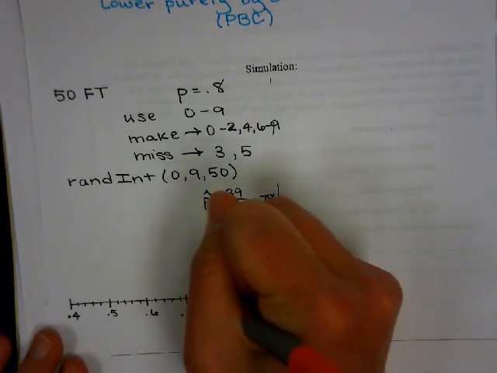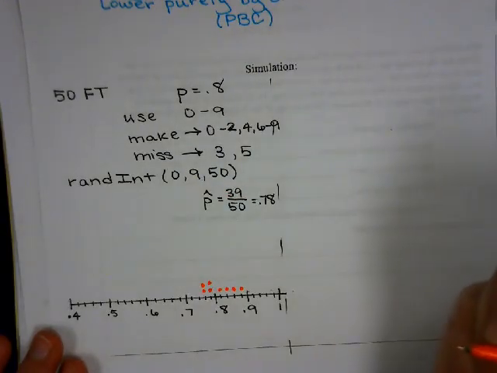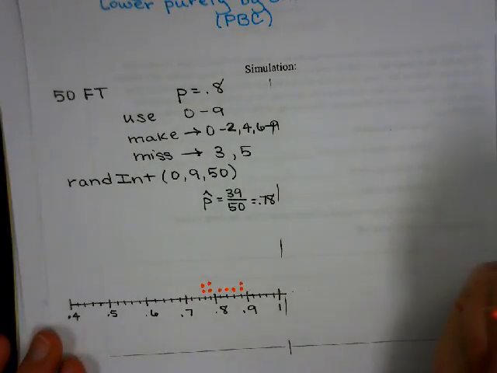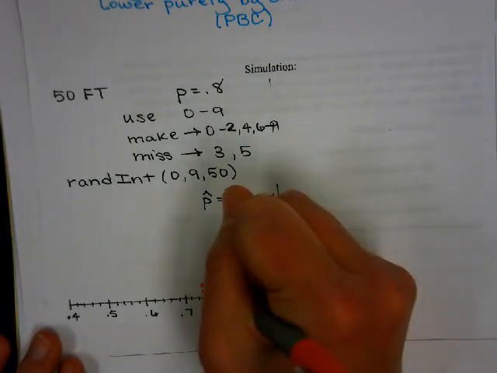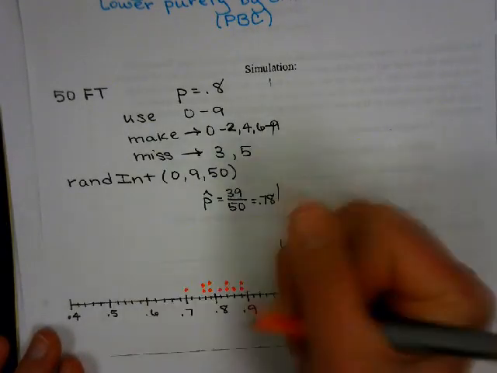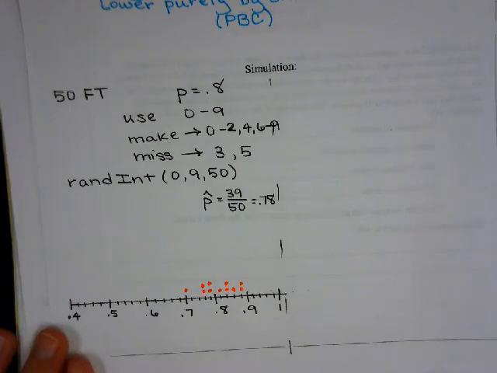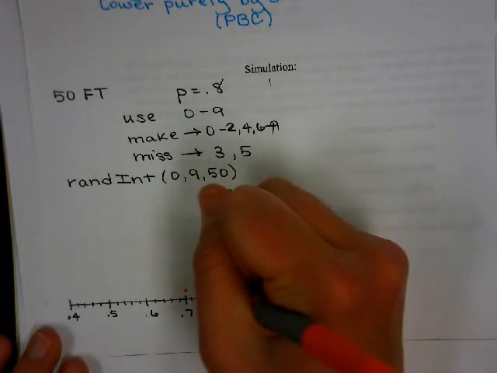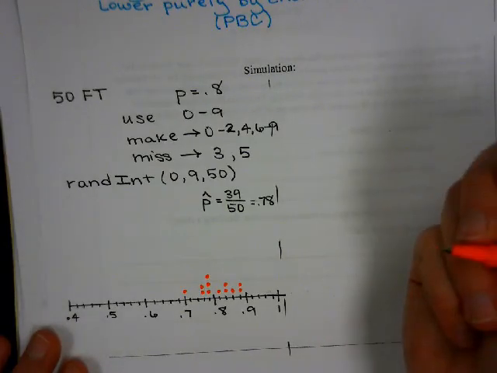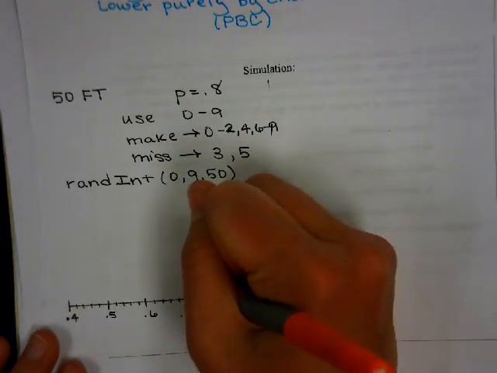Hayden? 0.7. Nate? 0.78. Calvin? 0.76. Anna? 0.8. Noah? Oh, sorry, I skipped Bianca. I was going up and down rows.